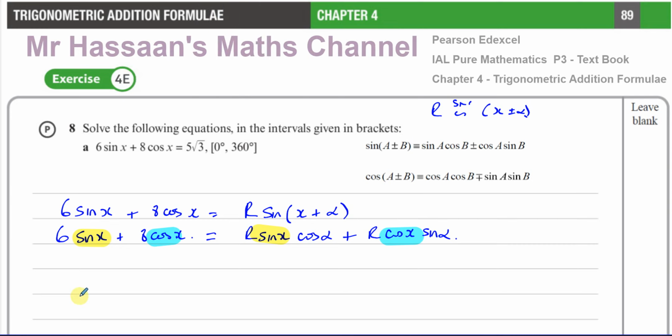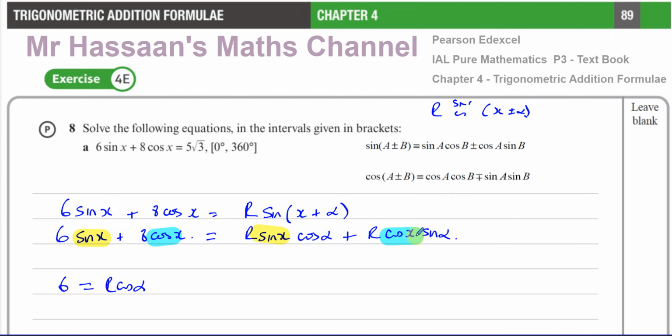If we look at sine x, the coefficient of sine x is 6 on this side. On the other side, it's r cosine alpha, because if these two are identical, then the coefficients of all the variables must be the same. R and cosine alpha are fixed values which we have to find. So the number of sine x's on this side is 6, and they must be the same as this, so r times cosine alpha must be the same as 6.